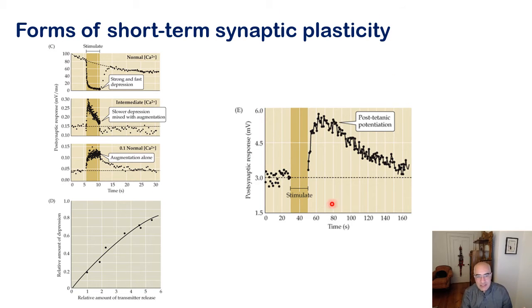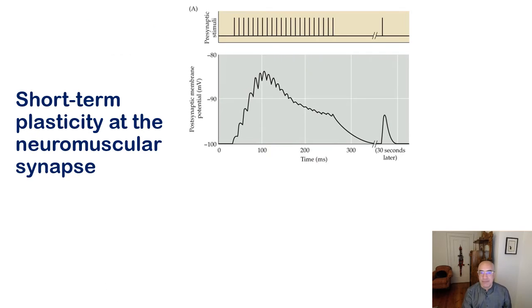All of these things, which go on the order of tens of milliseconds to tens of seconds or minutes, are short-term synaptic plasticity. Now, in general, if you put a whole bunch of stimuli in a synapse, what you often see is that your postsynaptic response has a combination of responses.